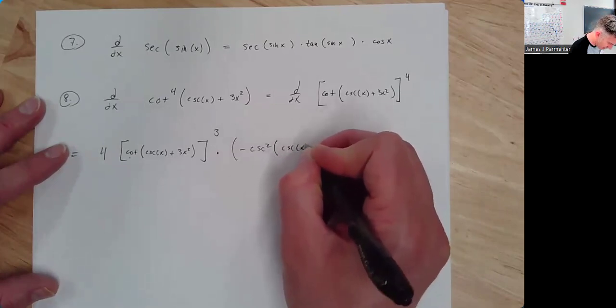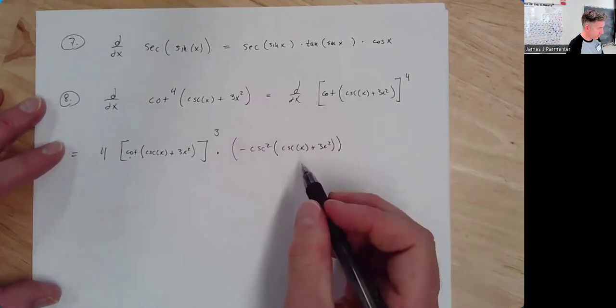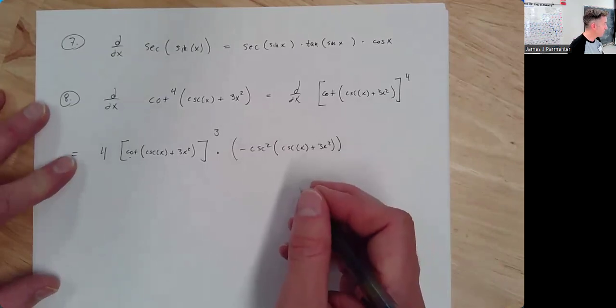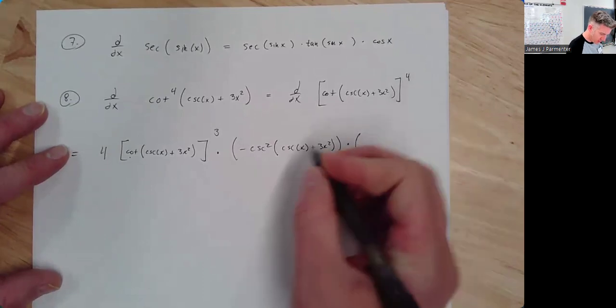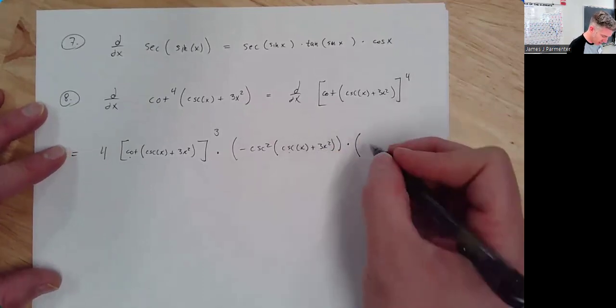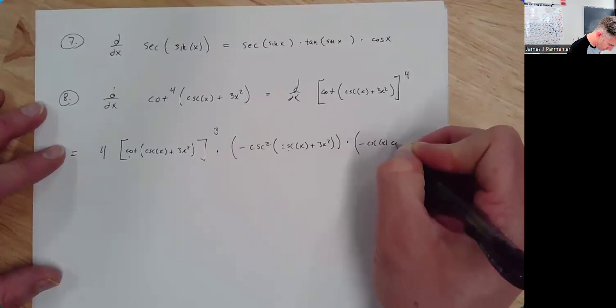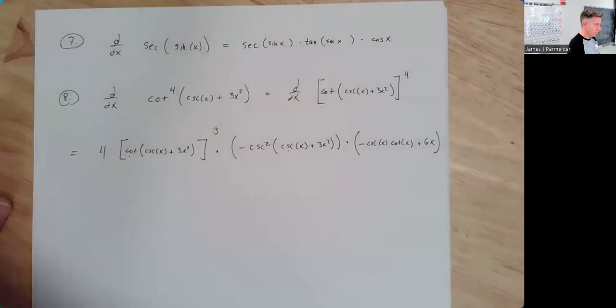Cosecant of x plus 3x squared. But we said the word new stuff, so we have to multiply by the derivative of our new stuff, which is going to be the derivative of cosecant of x plus 3x squared: negative cosecant of x times cotangent of x plus 6x. Whew. Kind of gross.